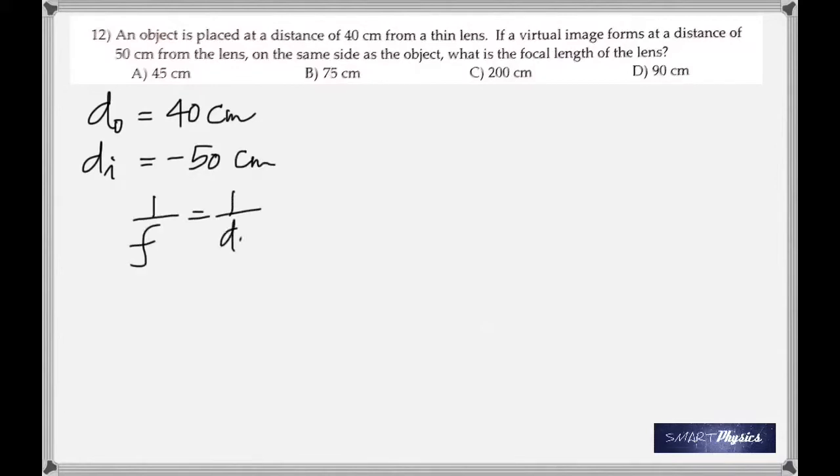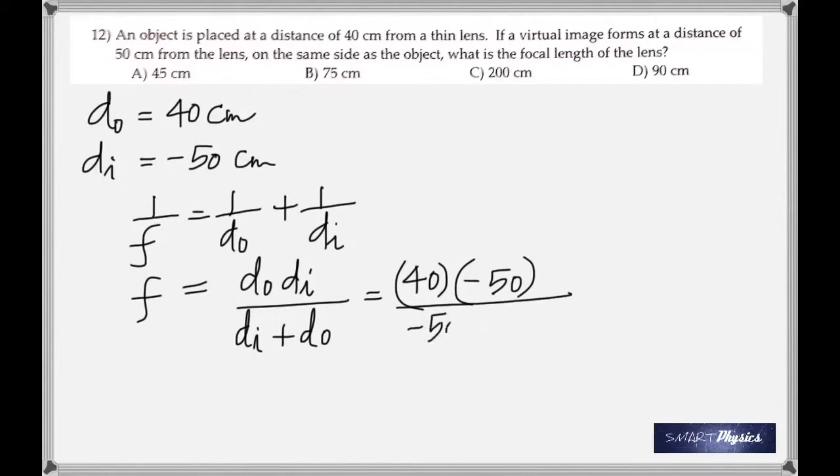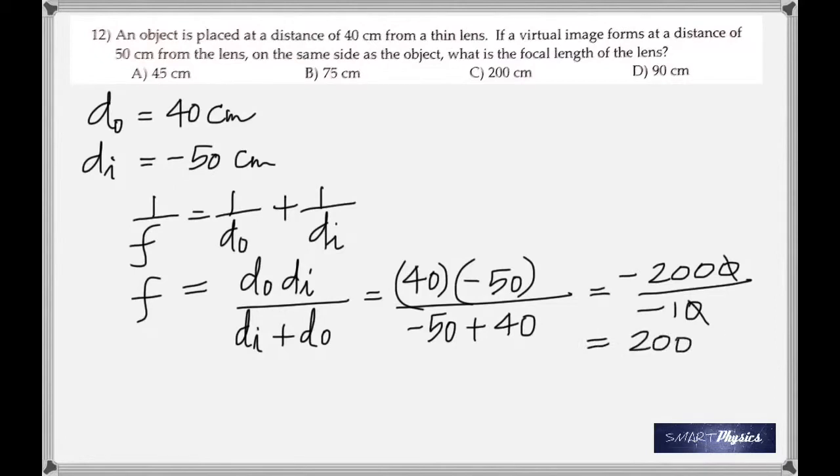And you have to find F. It's product by sum equal to focal length, but when you substitute, you have to substitute DI as negative. And on doing that, you get 200 centimeter.